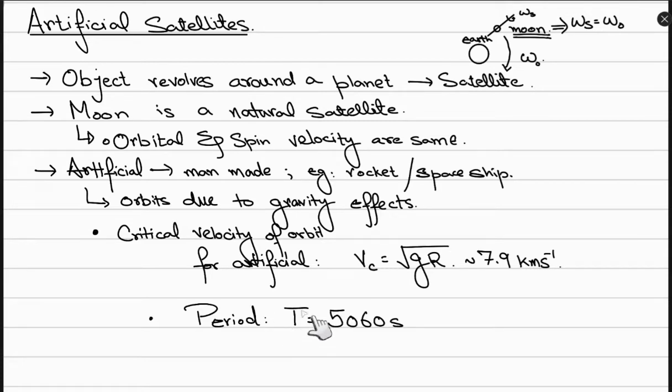The time that it takes to complete an orbit for the artificial satellite, which is known as the period of that satellite, is roughly 5060 seconds. And if I convert this into minutes, it would be 84 minutes.